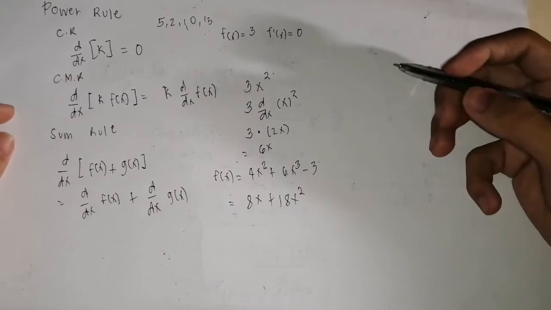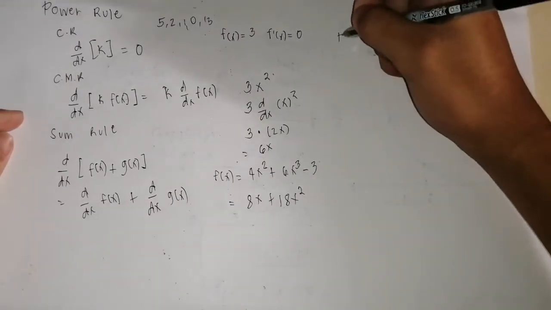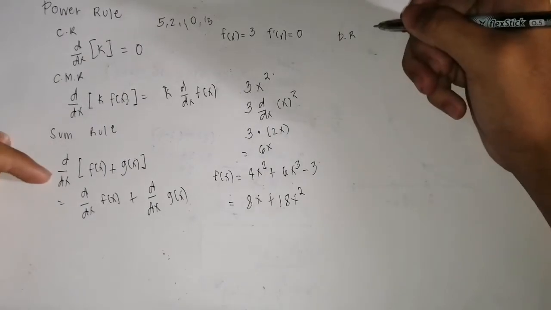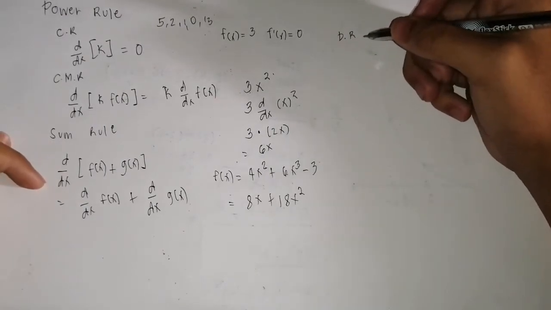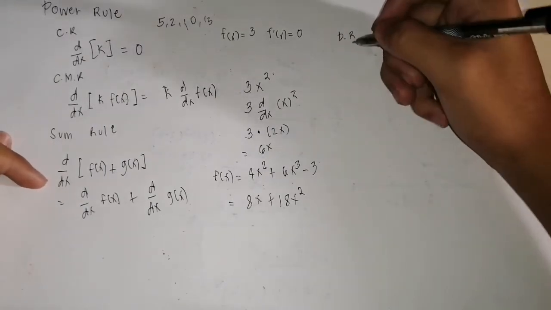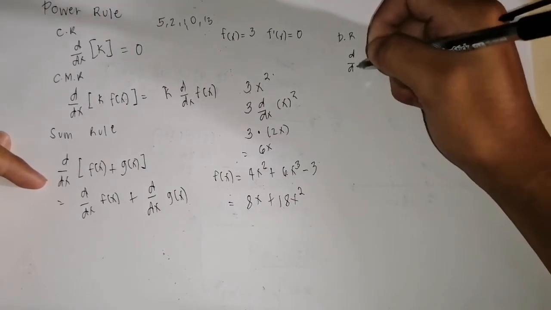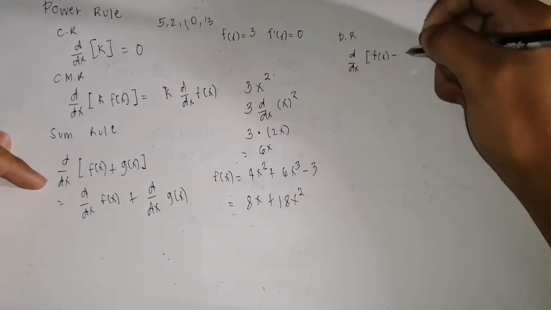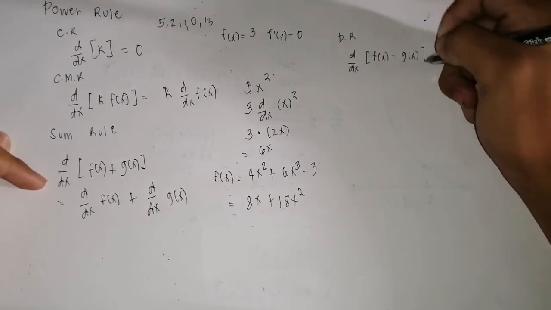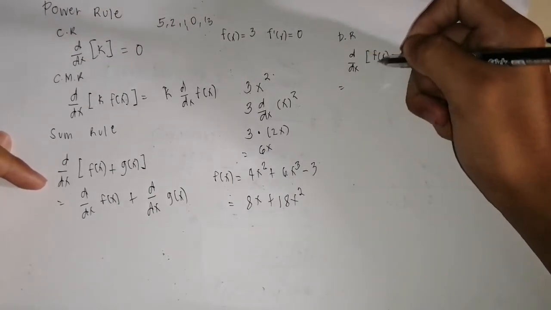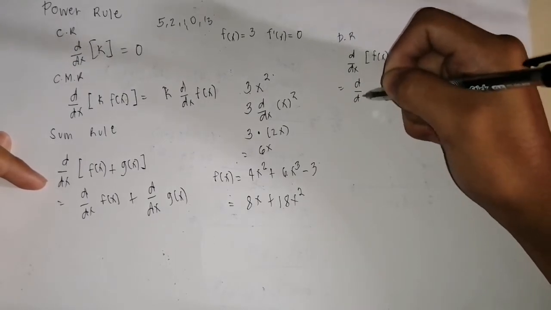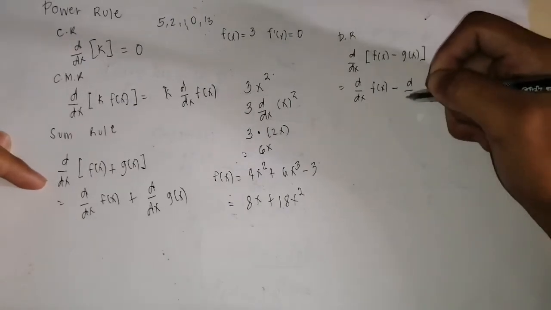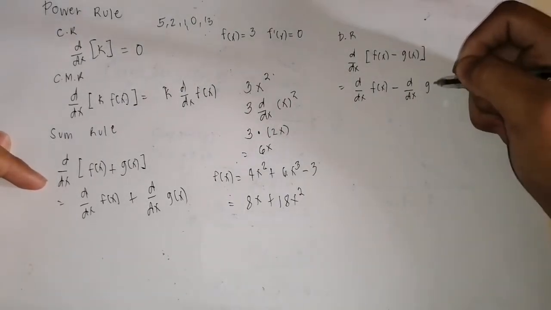And the last one is called the difference rule. What is the difference rule? If one is the sum rule, therefore the other is the difference. So, the derivative with respect to x of f of x minus g of x is the derivative of f of x minus the derivative with respect to x of g of x.